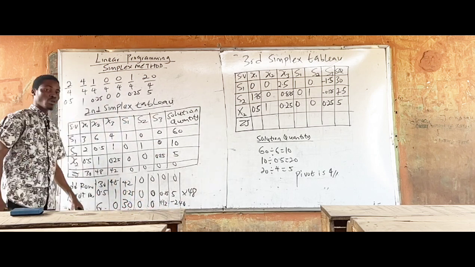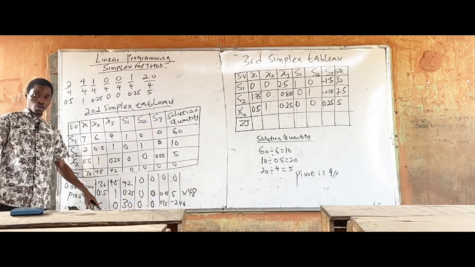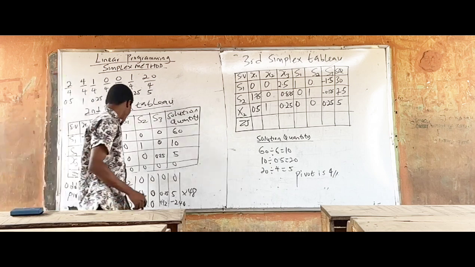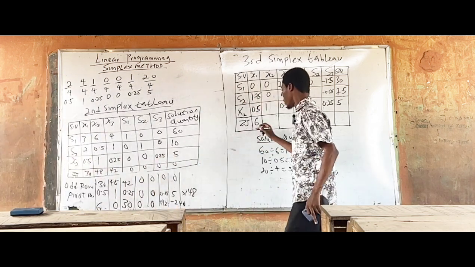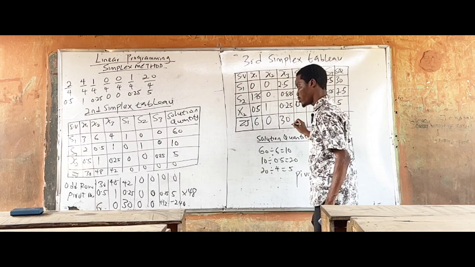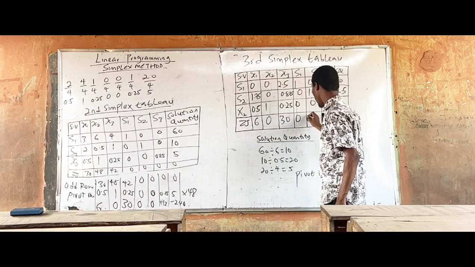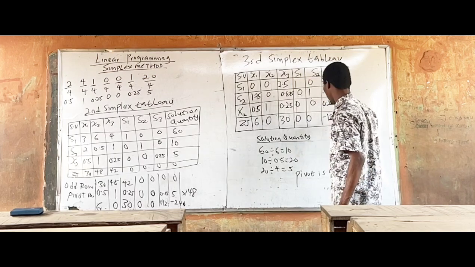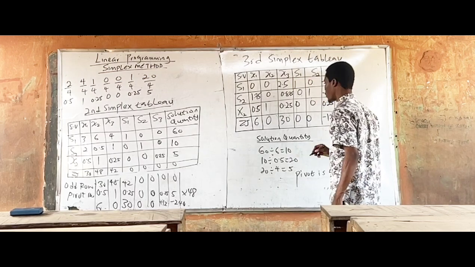So this is my new objective function row, my new zj row: 6, 0, 30, 0, 0, minus 12, minus 240.